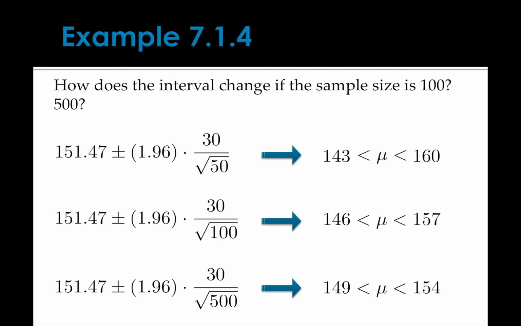But then when we got 100 homes in our sample, it went to 146 to 157. So we kind of lopped off $3,000 off each end of that interval. And then when we went up to 500, we lost another $3,000 off of each end of the interval. So we kind of honed in. Now we're between $149,000 and $154,000 for that house price.